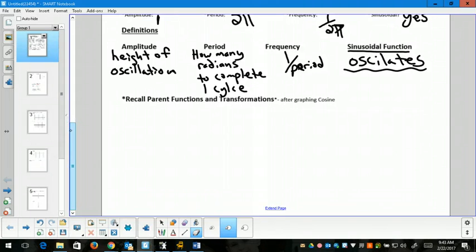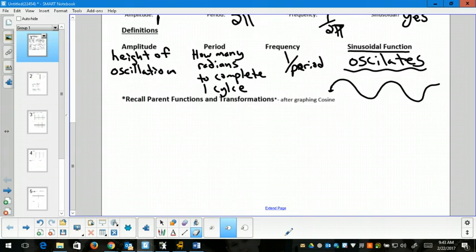Oscillate means to go back and forth, like this. And there's only 2 functions in our trig functions that do this, and they're sine and cosine. On the top, oscillation is 1 to -1. And so it's oscillating from 1 to -1, or between those 2 heights.